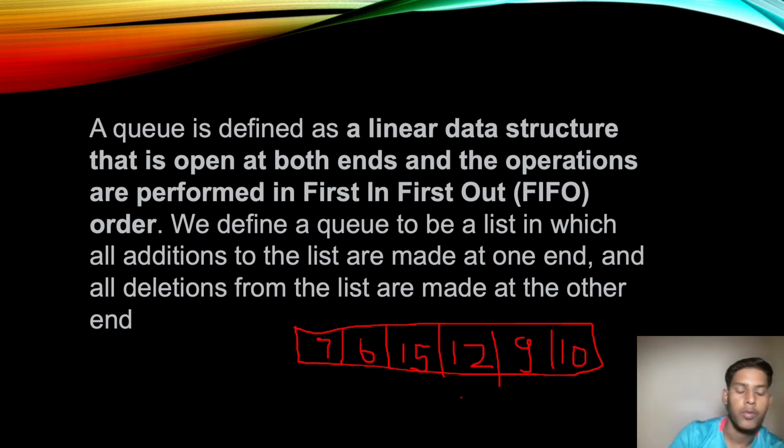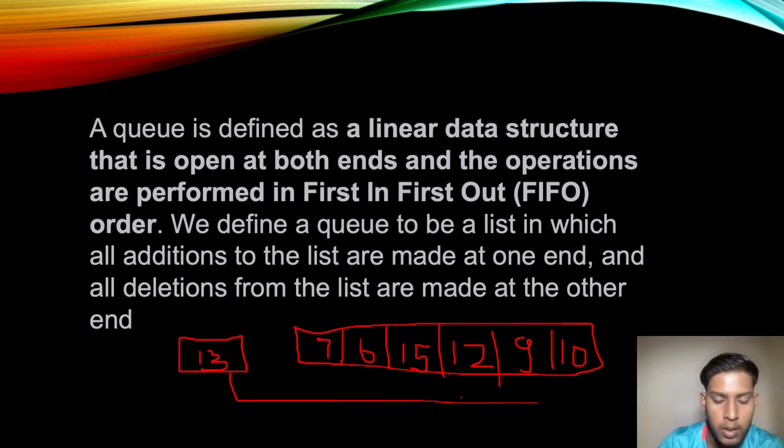Now any element that enters, like 13, enters at the rear side of the list, and the deletion from the list is on the front side, because it follows the FIFO principle.